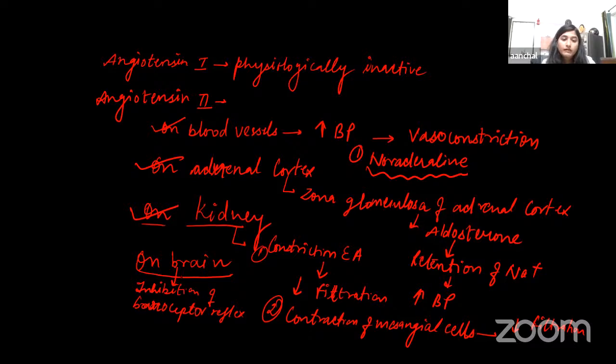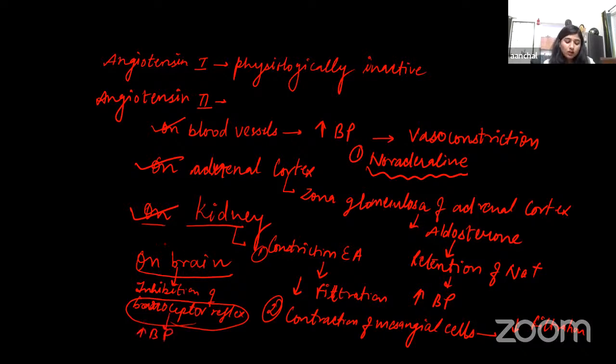So whenever there will be inhibition of baroreceptor reflex, thereby directly increasing the blood pressure, because this baroreceptor reflex is responsible for decreasing the blood pressure. But if there will be inhibition of this baroreceptor reflex, ultimately it will lead to increase in BP.